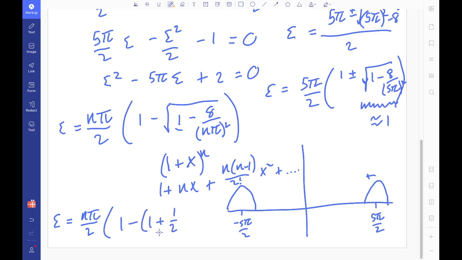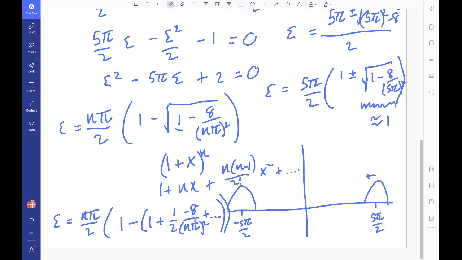But your x is actually a negative number, minus 8 over n pi squared, and that's your x. This actually carries on, but usually you only expand to the first position.